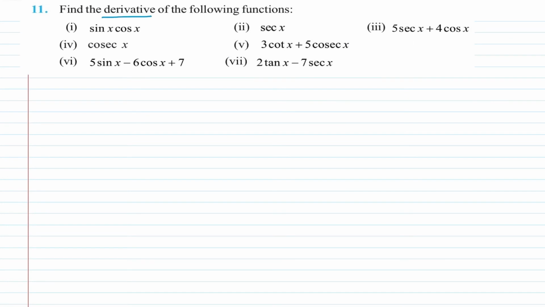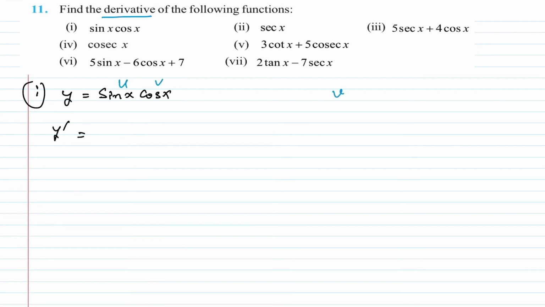Now let us solve question number 11. Find the derivative of the following functions. So here the first one is sin x cos x. Let us consider this one as y. Here, let us consider this one as u, this one as v.